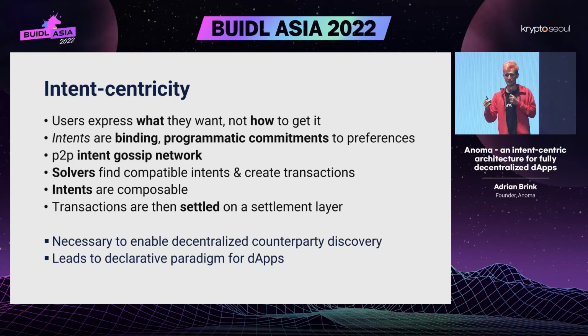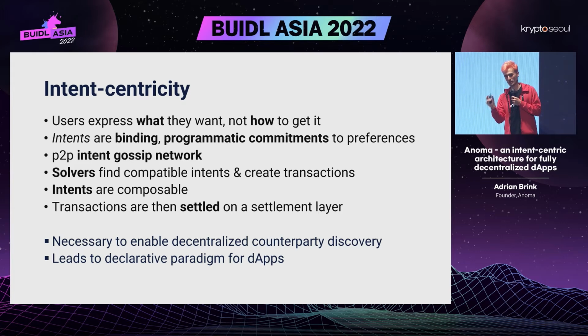And you never said what state you are fine with. You only said which contracts you are fine with doing some compute on your behalf. This means that if you want to use these systems securely, you need to audit every single contract call in your transaction in order to be certain what it does. Whereas with intents, people just define what resulting state they're fine with, and then it's the job of the system to figure out how to get them that state.